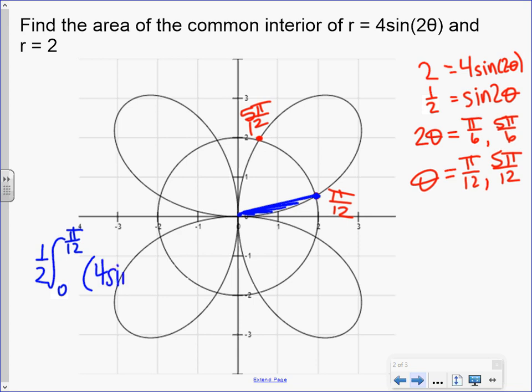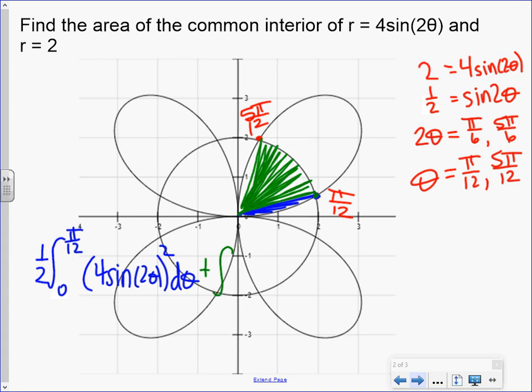We're at its peak right now. We'll just look at the shape. Then, once we hit pi over 12, from the pole, we start drawing area inside of the circle. It's not that bad.